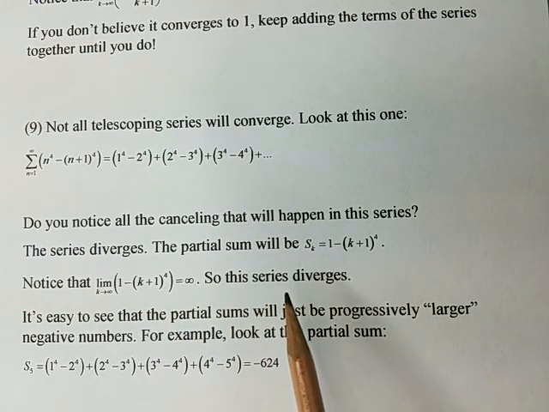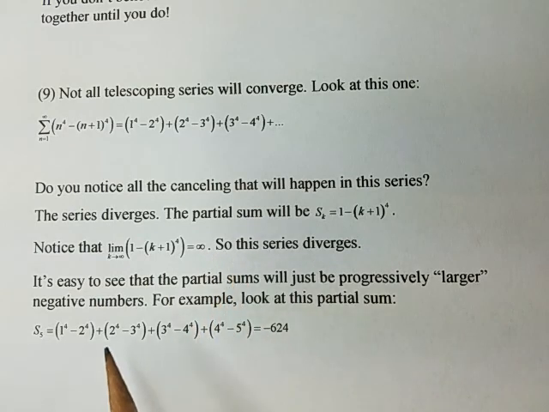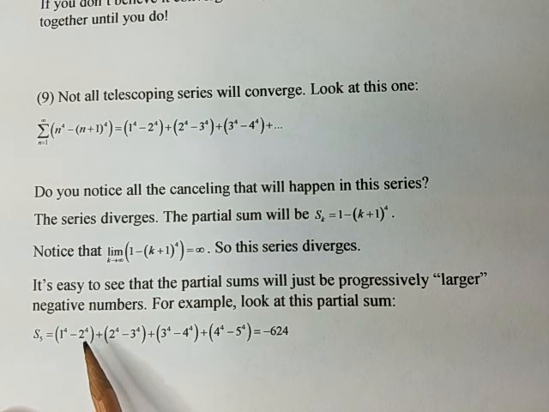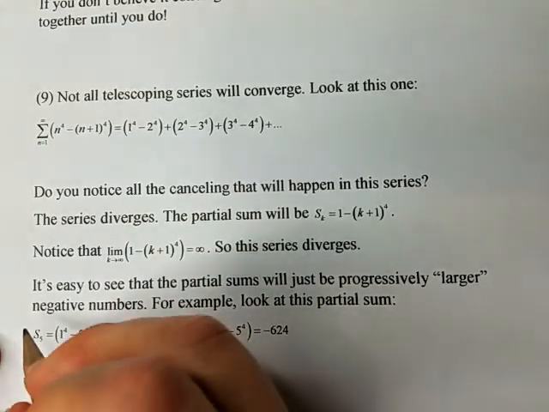So that series diverges. If you're having trouble understanding that, then look, if I could just add up some numbers. Here's the sum of the first 4 terms right there, and it is negative 624, okay? So I made a mistake with that when I typed it. This is 1, 2, 3, 4 terms.